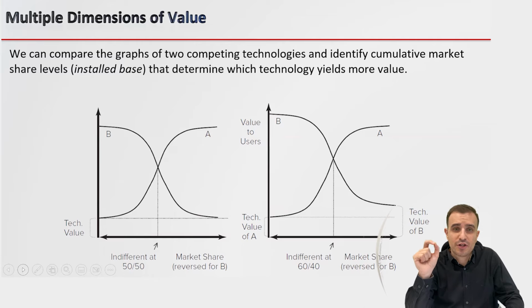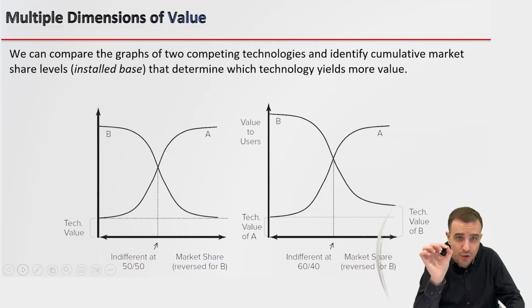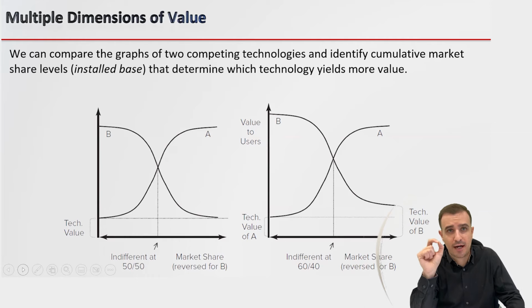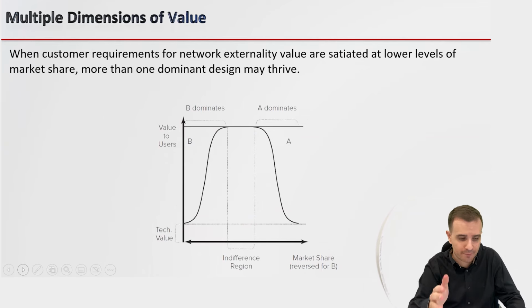With technology B having a higher value, the requirement of market share also changes. What we learn from this is that whenever there is a higher standalone technology utility, for that technology to be the one widely adopted, the one winning the battle for a dominant standard, it needs less market share. In this example, the market share will be 60-40.